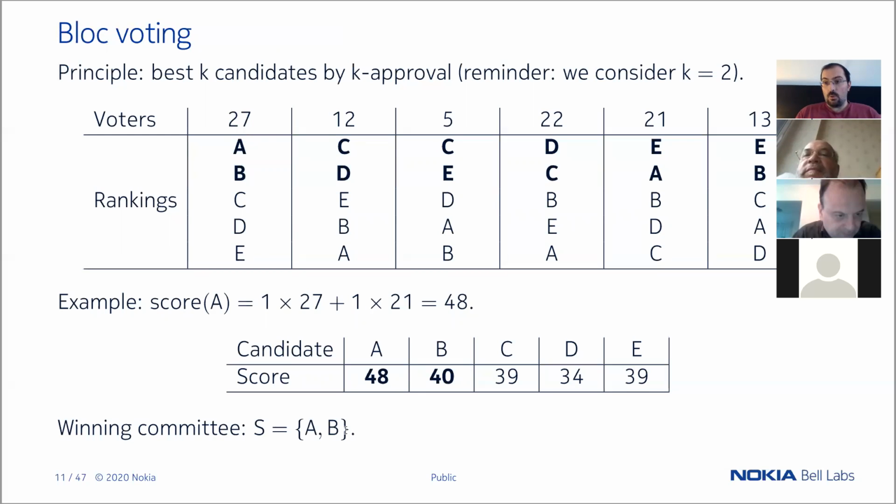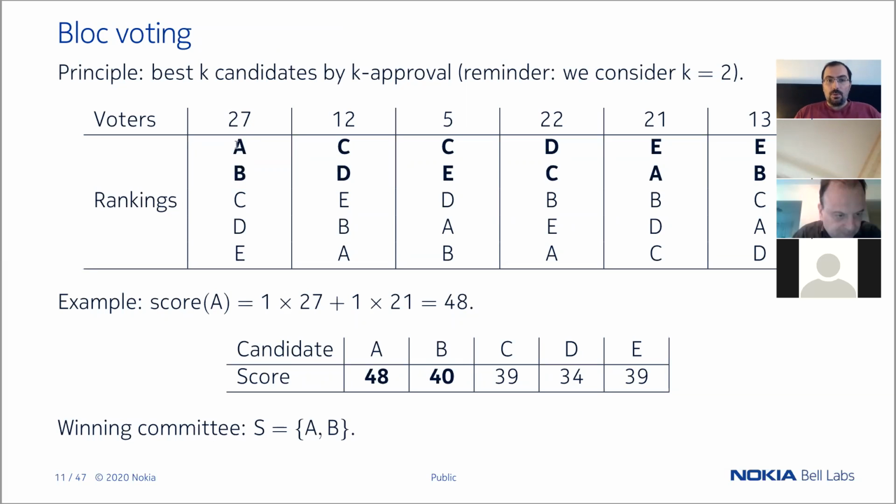You can also do the same with K approval. K approval means that you consider the K favorite candidates of each voter. Unlike the name suggests, it's not a voting rule based on approval ballots. It's a voting rule based on rankings, because you simply select the K first candidates of each ranking.